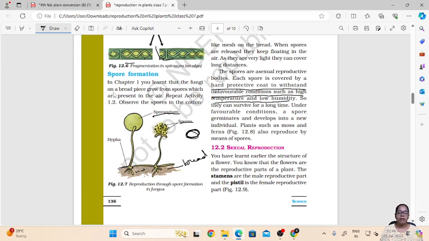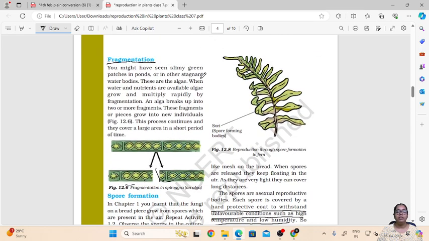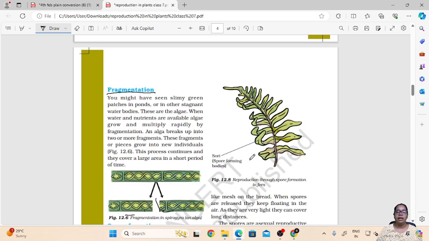The same method is also applicable in plants such as moss and ferns. So they also reproduce asexually by spore formation. This is an image of a fern. Fern is a pteridophyte. Behind the leaves there are many spores attached to the lower surface of the leaf.